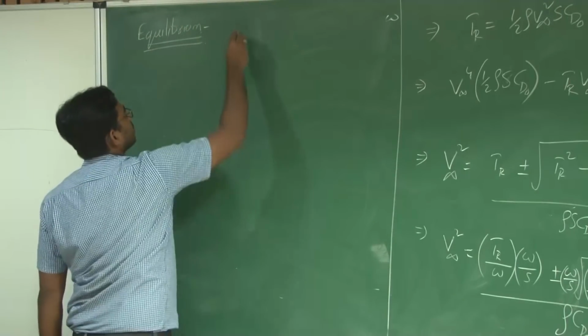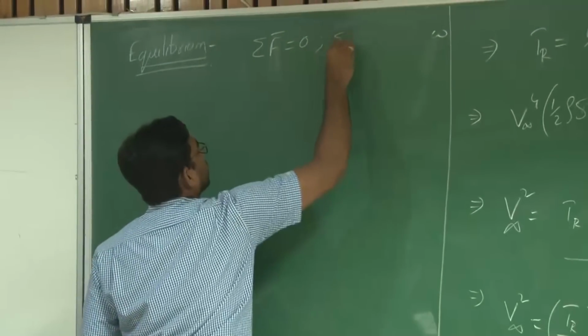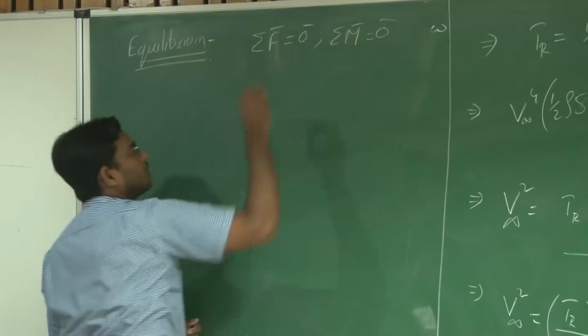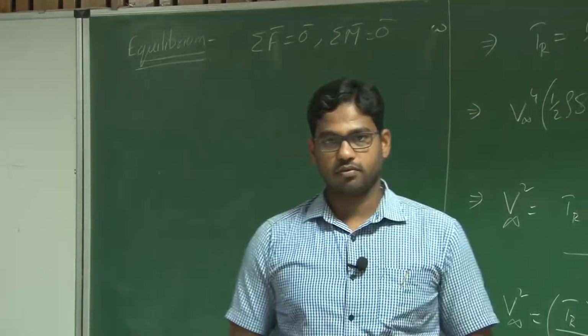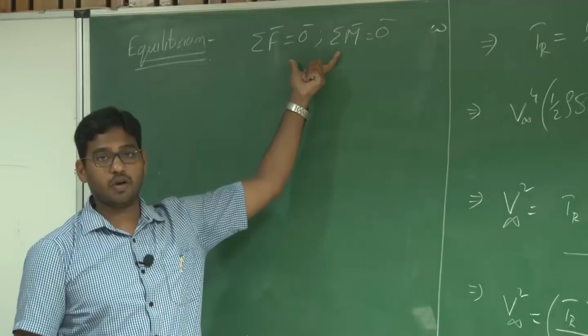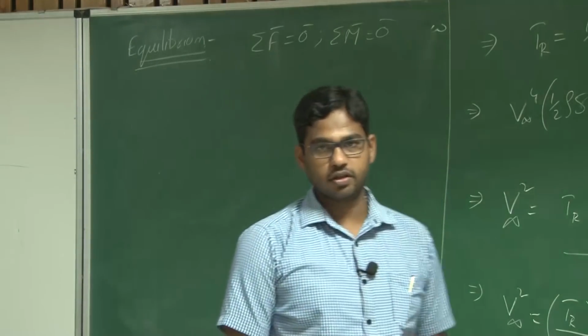So what is equilibrium? The state of the system about which resultant forces and moments acting are zero, right? That means there is no acceleration, either linear or angular. Either the body is moving at a constant velocity.